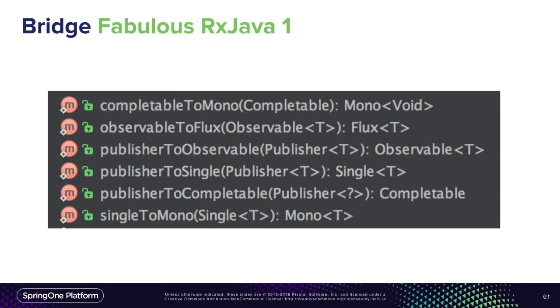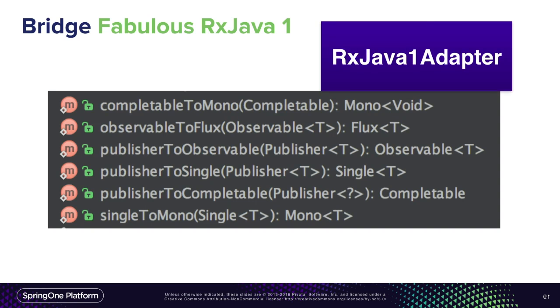So coming back to the question, and I know there are a lot of questions around this: RxJava 1 or not. We're really friendly with the RxJava world. We can convert to RxJava 1. There is a class called RxJava1Adapter with static methods, and you can do all kinds of translation from one to another. Obviously, if you use Spring 5, it's going to be done for you automatically.